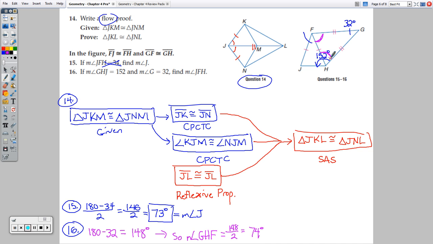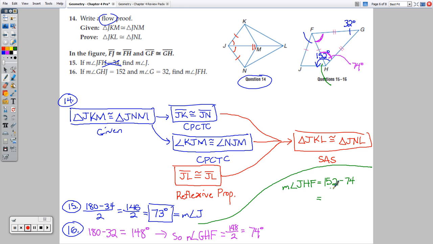So if this one right here is 74 degrees, and the whole thing right here is 152 degrees, I'll keep using some different colors here. The whole thing's 152 degrees. That means the measure of angle JHF right here, this angle, JHF, would have to equal 152 minus the 74.